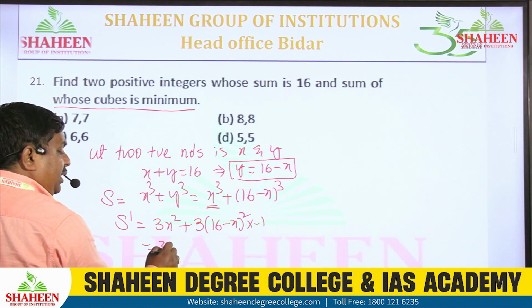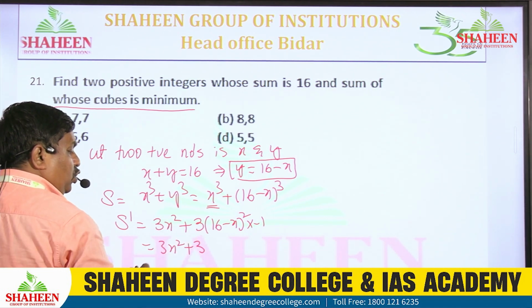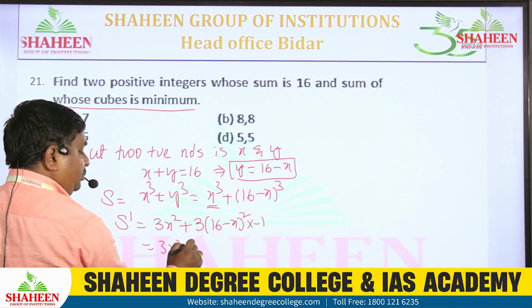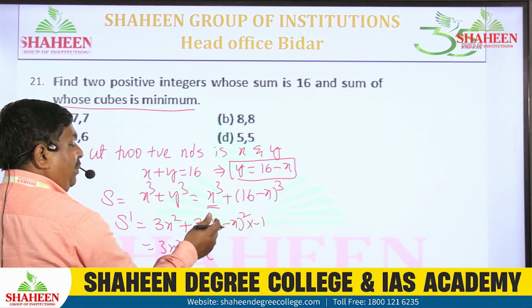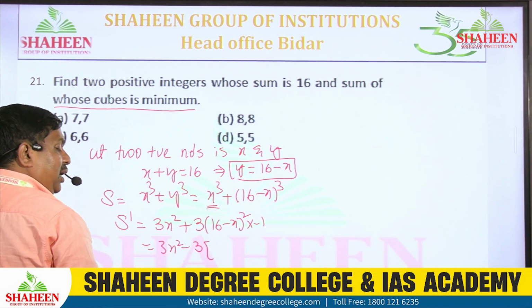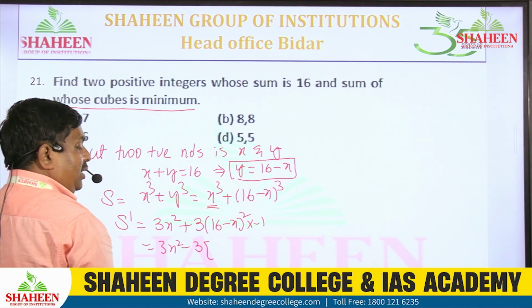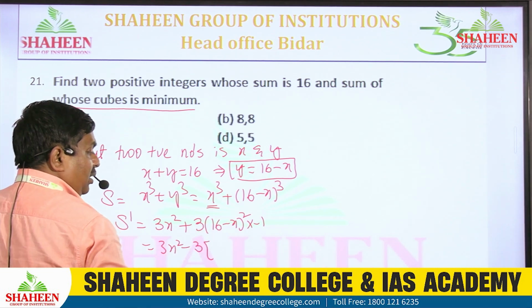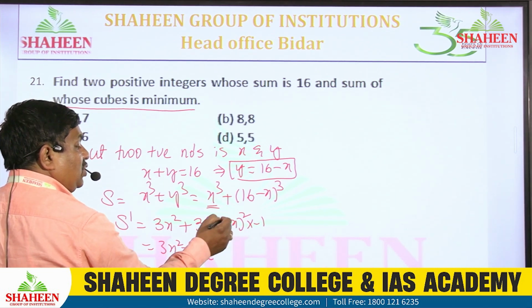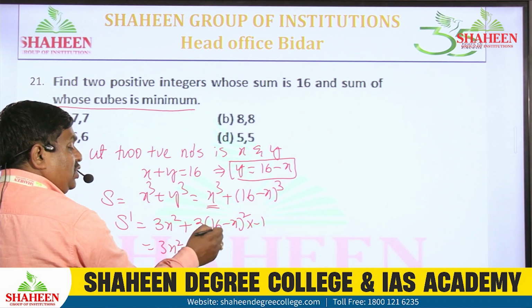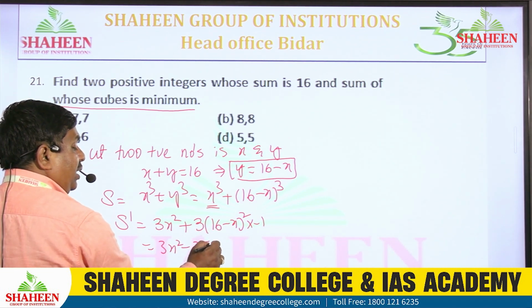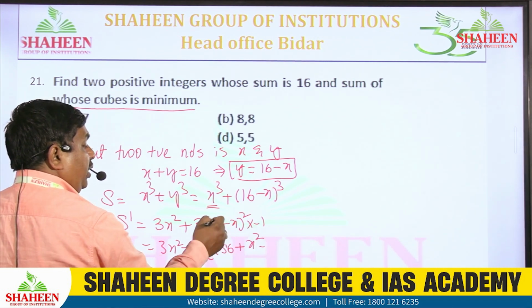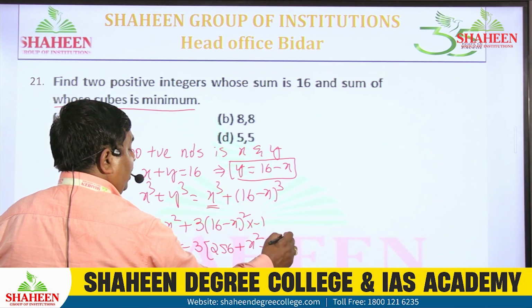So this becomes 3x square plus 3 into minus, that is minus 3 into, I'm expanding this 16 minus x whole square using the a minus b whole square formula, which is a square plus b square minus 2ab. A square means 16 square, which is 256, plus x square minus 2 into 16, that is 32x.